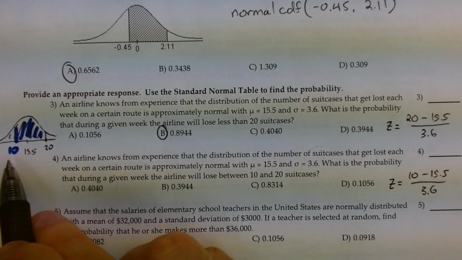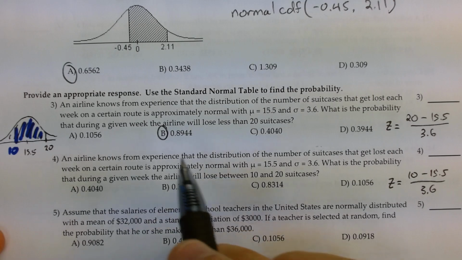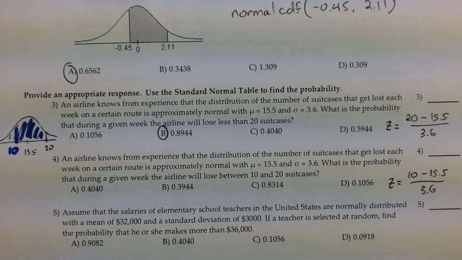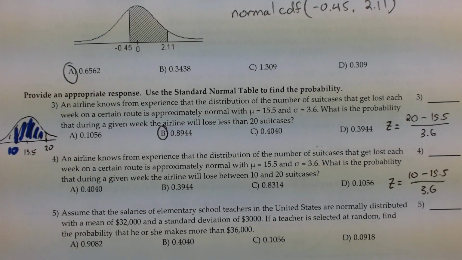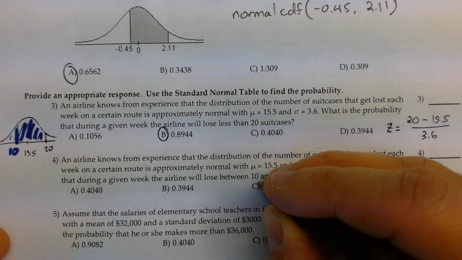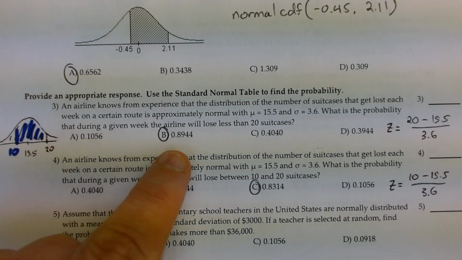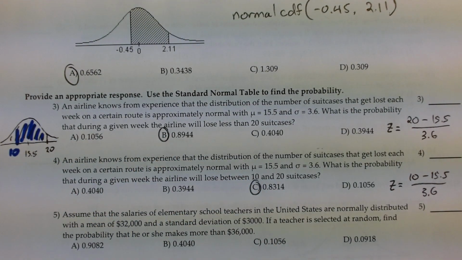Then you could use normal CDF like we did up here, or you could look up both z-scores in the z-score table and subtract the areas. So in this case, you should have gotten C. It's about 83%. So it doesn't knock out that much if you compare these two. It knocks out about 6%.